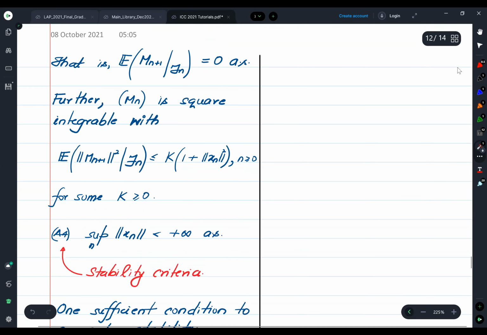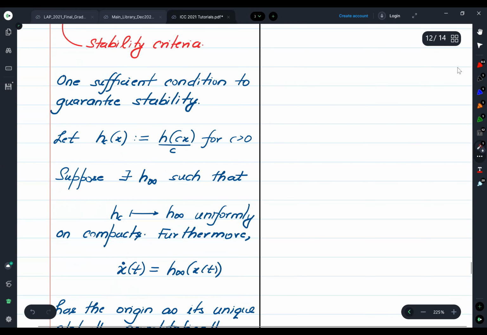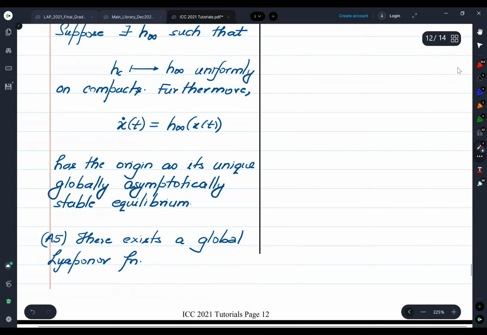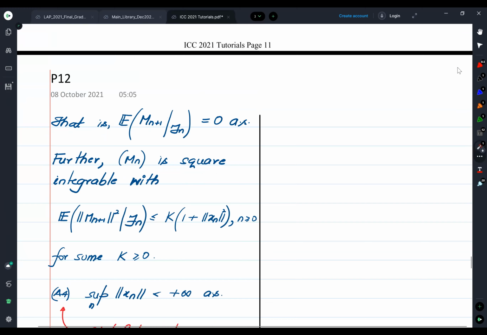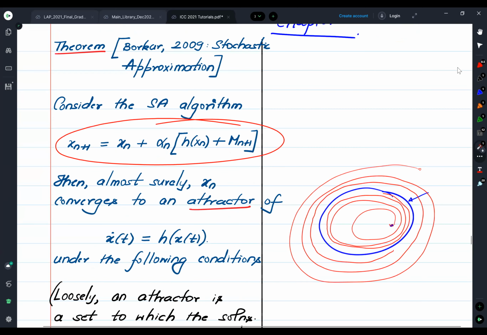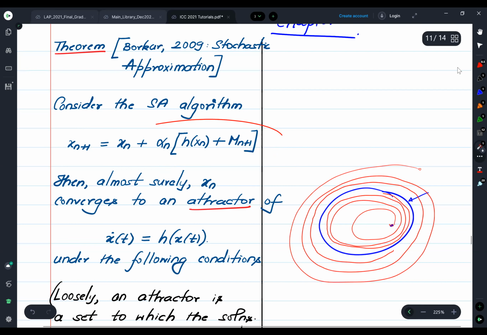Under all these conditions, there are a bunch of conditions, if you ensure that all of them hold, the loose idea at the end of the day is that this stochastic approximation algorithm will indeed asymptotically behave like the trajectories of this deterministic ODE. That's the key thing.